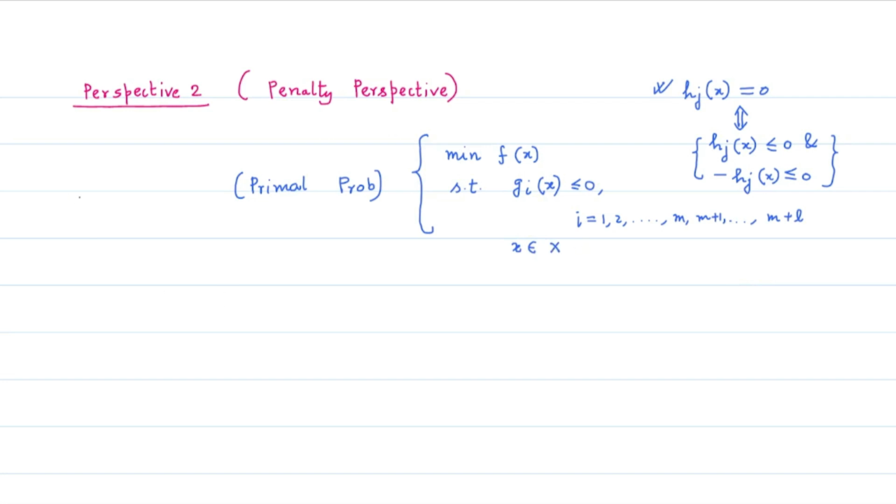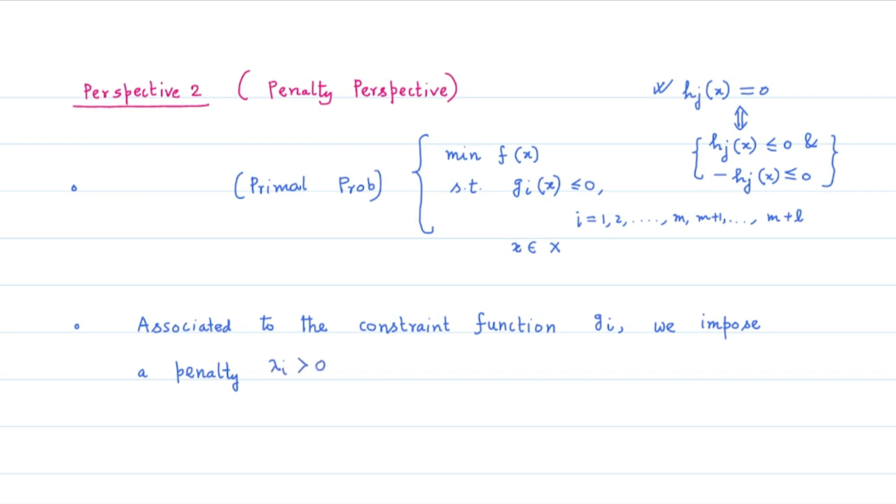We look at this problem in terms of a penalty perspective, that associated to the constraint function g_i, we impose a penalty, say lambda_i greater than 0, for the violation of the constraint g_i(x) less than or equal to 0.